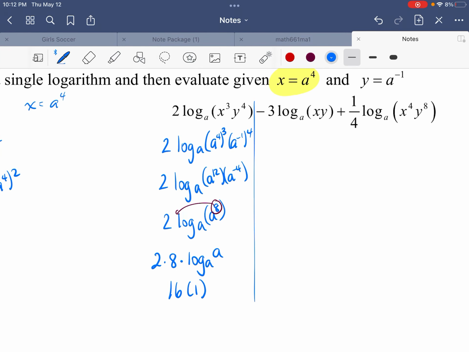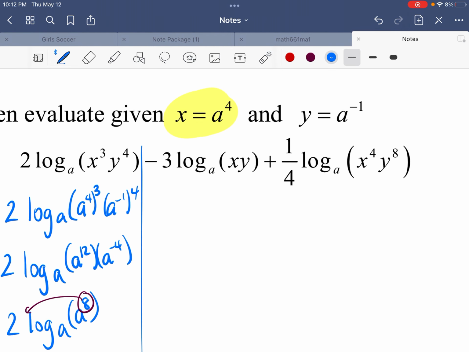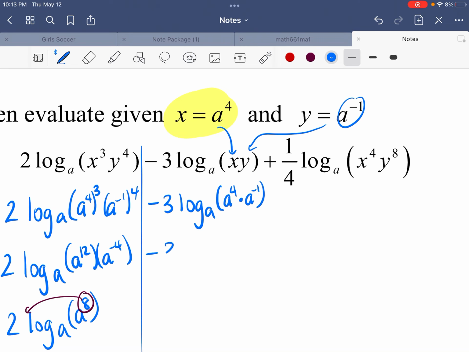Now let's do this second part here. Substituting in a^4 for x and a^-1 for y, we get minus 3 log base a of a^4 multiplied by a^-1, and this is going to become log base a of a cubed.